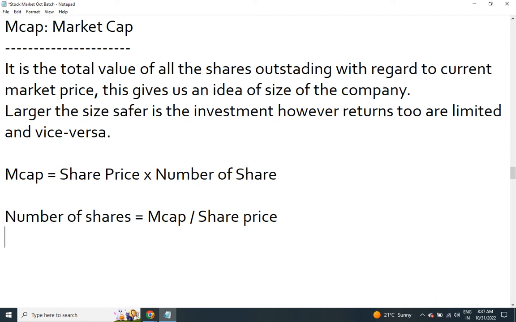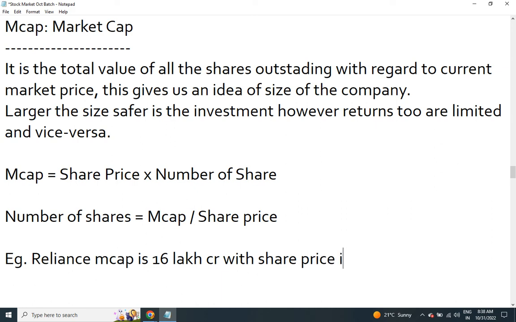So can we quickly find out how many shares are there under circulation of Reliance Industries? Let us take an example of Reliance itself. I'm taking rough figures. Reliance market cap is 16 lakh crore with share price at 2500.